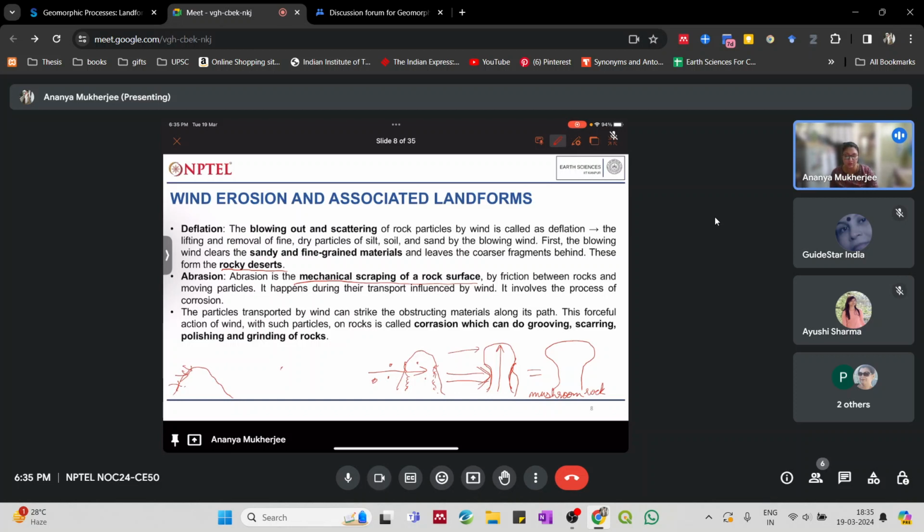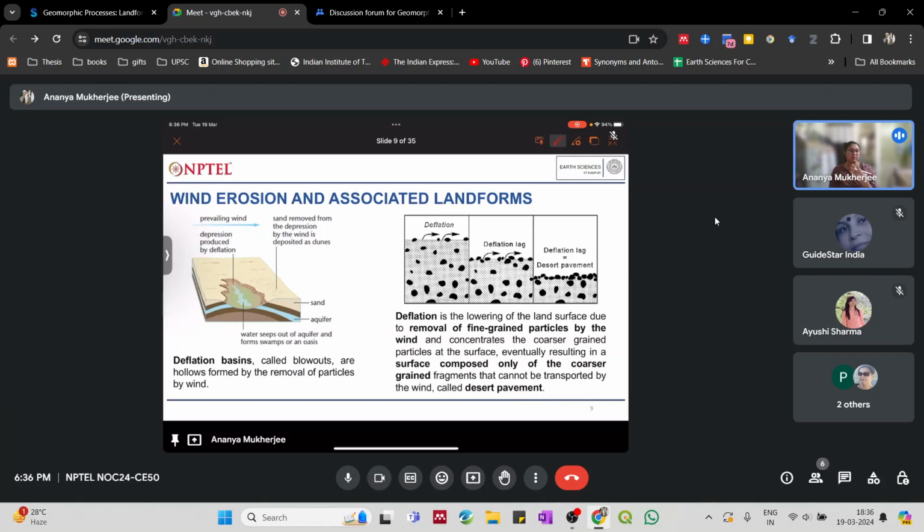So this part with time gets more polished, or it can show different kinds of grooves depending on the angle at which the sediments are hitting the surface of this rock exposure. So these are some of the erosional processes that are associated with winds.